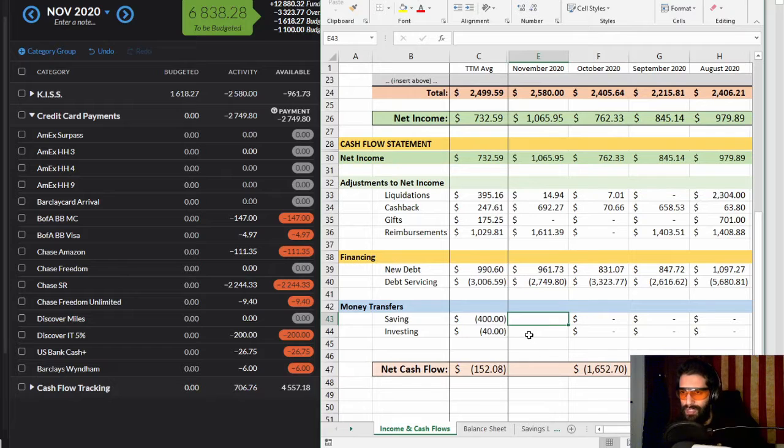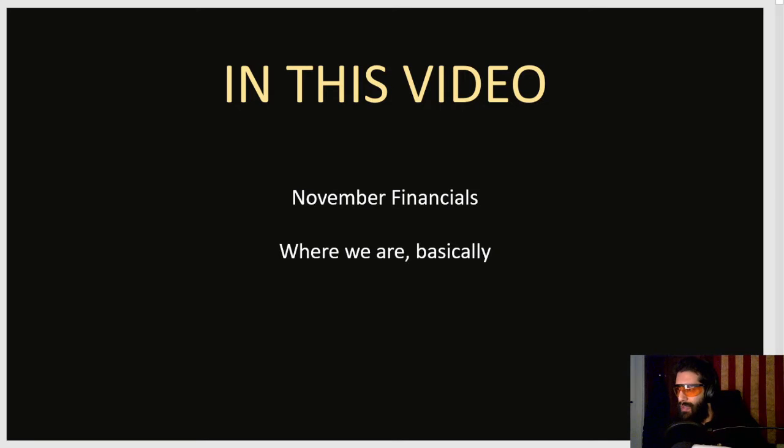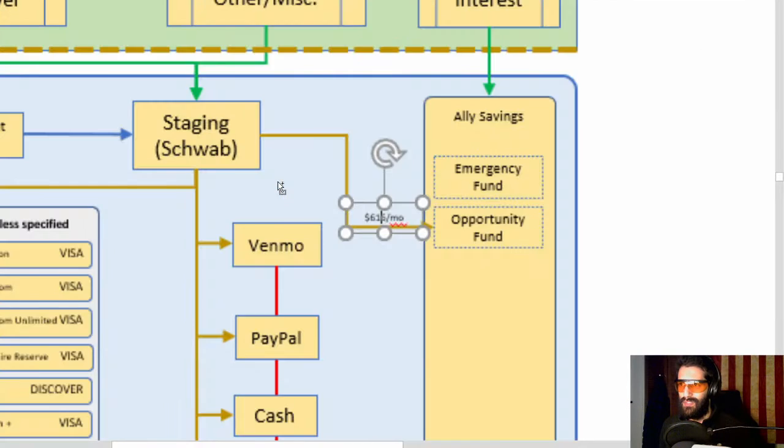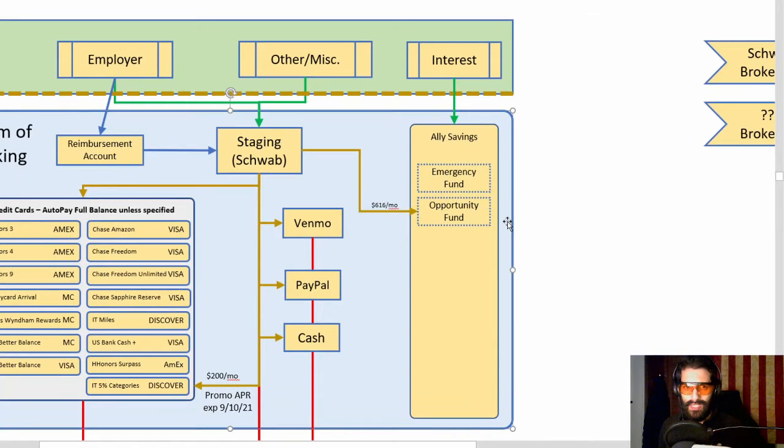Okay, and then for saving, if you remember back last video, we put the savings inside of the tracking realm. So what's happening now is the amount that's going into the savings every month, the 616, is being tracked within YNAB.